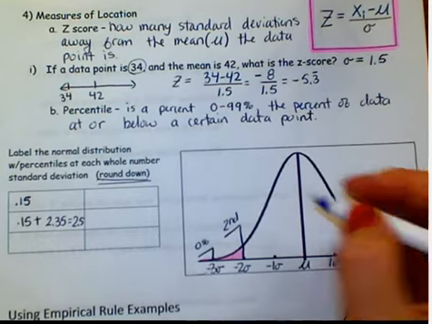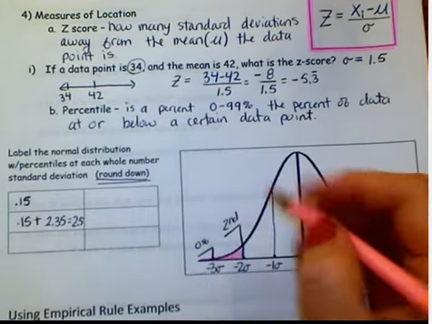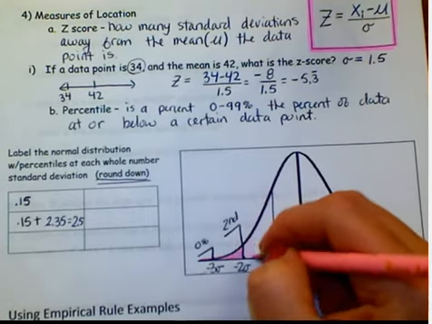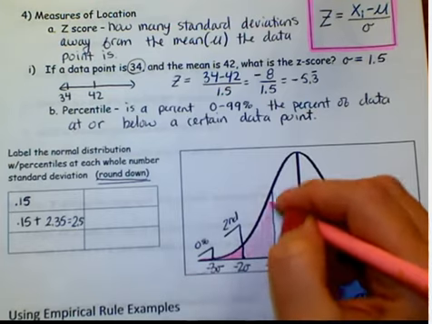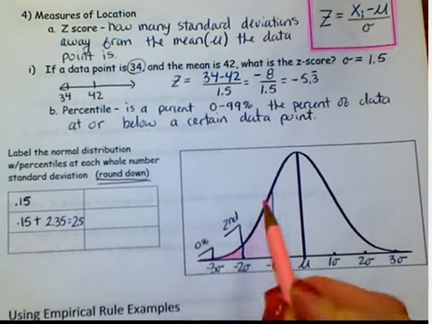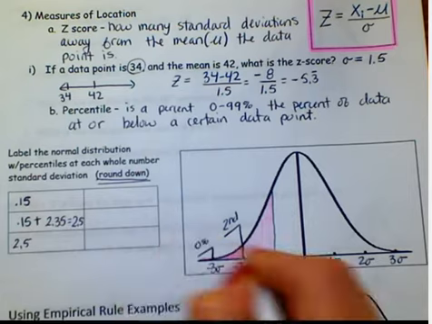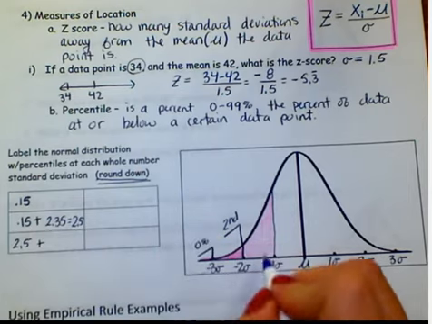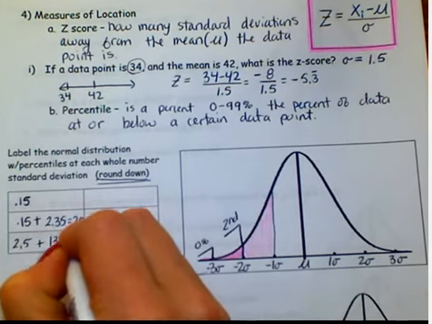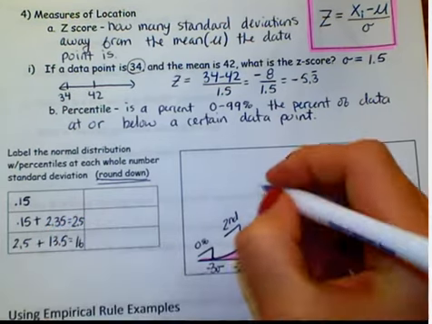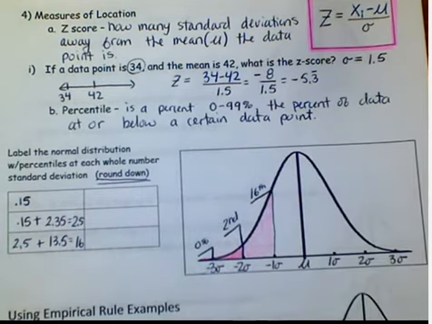Okay, let's go up to the next marker. What is the percentile for a data point at -1 standard deviation? So I need to add up all of those percents. So that's 2.5 plus, okay, I gotta go look, 13.5. So that gives me 16. So this is the 16th percentile.